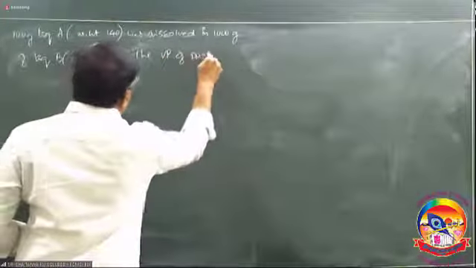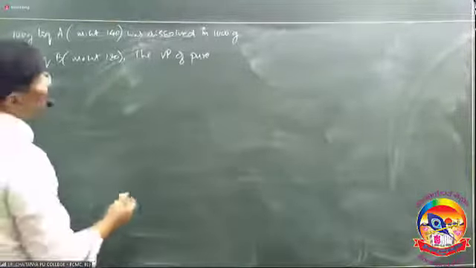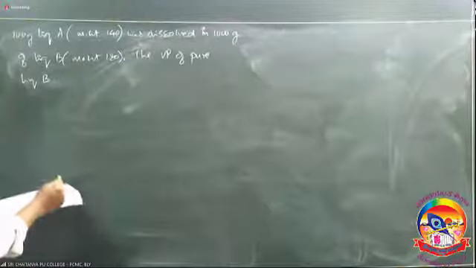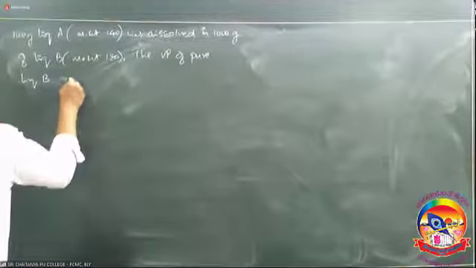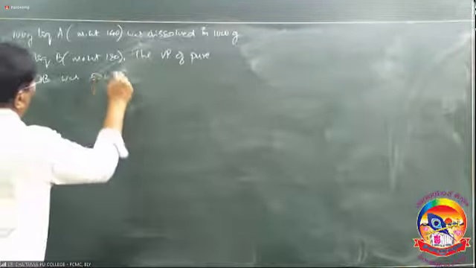The vapor pressure of pure liquid B was found to be 500 torr.